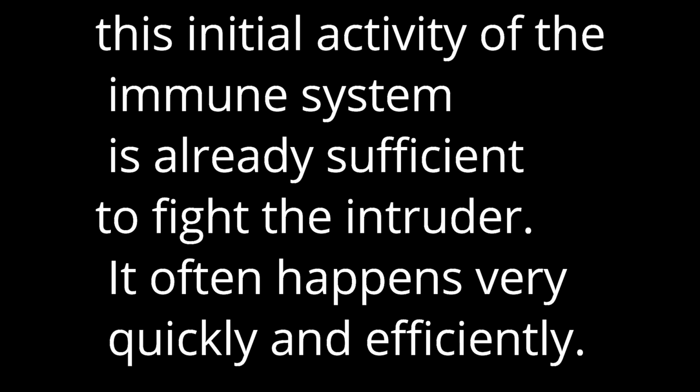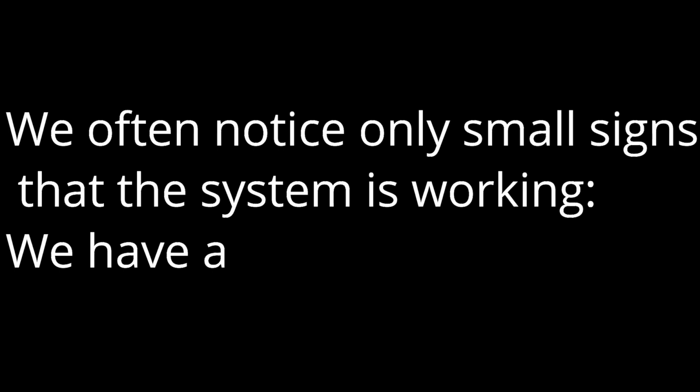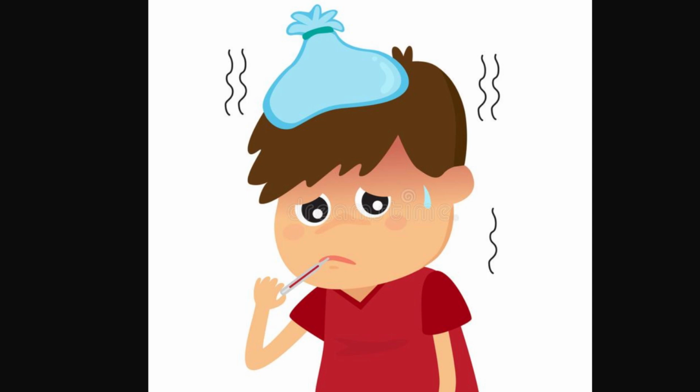For many viruses and bacteria, the initial activity of the immune system is already sufficient to fight the intruder. It often happens very quickly and efficiently. We often notice only small signs that the system is working. We have a cold or a fever.